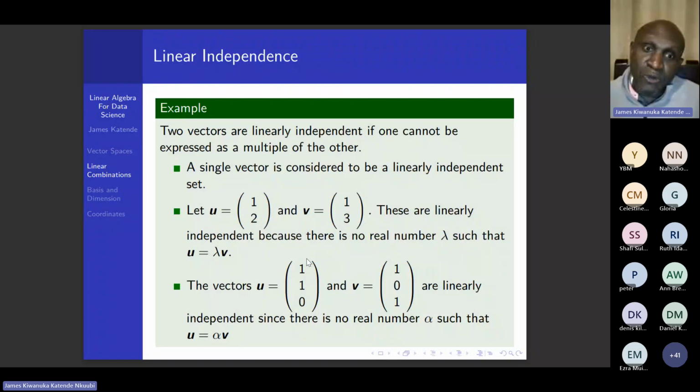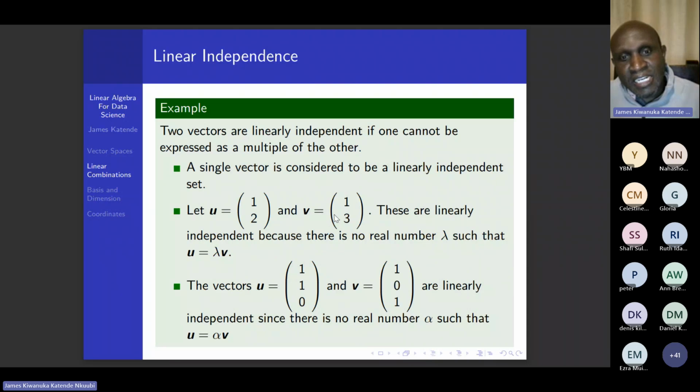And also just by inspection, you can see clearly there's no number you can multiply by 1 to get 1 and then multiply it by 3 to get 2. It simply won't work, right? Or vice versa, a number which you multiply by 1 to get 1 and the same number multiplied by 2 to get 3. There's no solution.